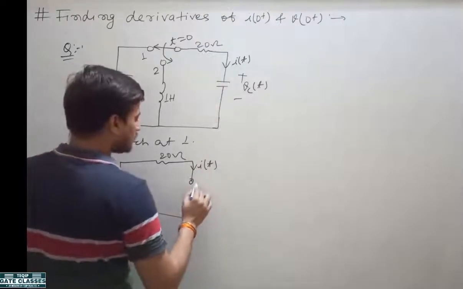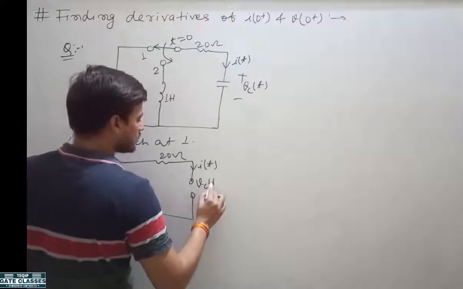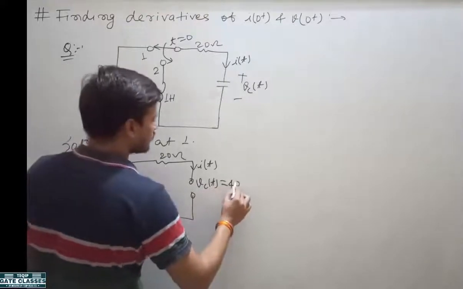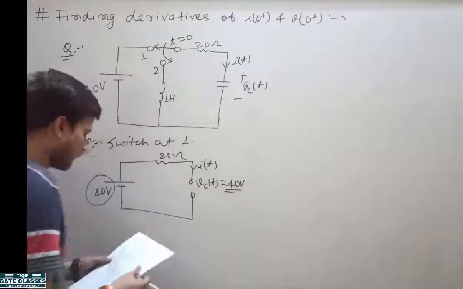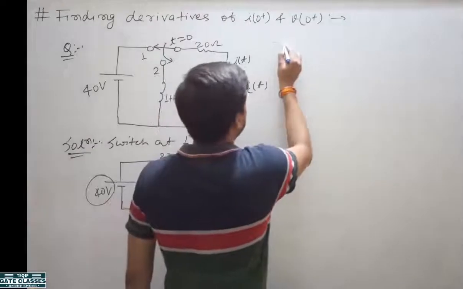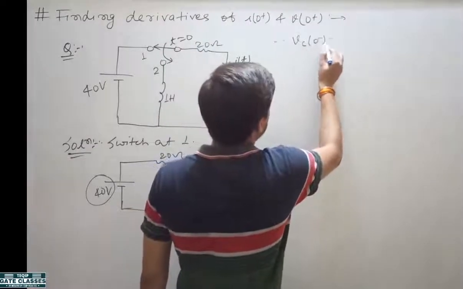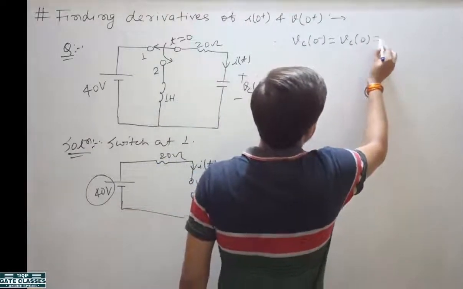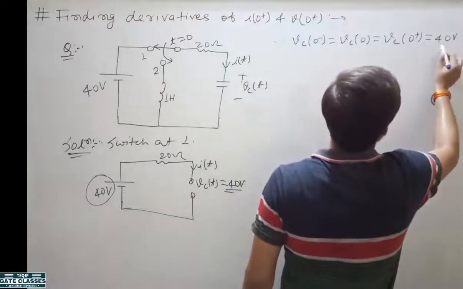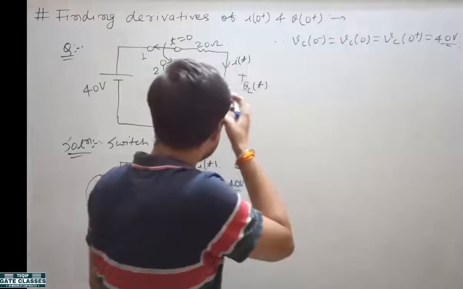So what will be the value of v C t here? The value will be simply the voltage of this battery, that means 40 volt. Clear? So we will write therefore v C 0 minus is equal to v C 0 plus, which will be equal to 40 volt.